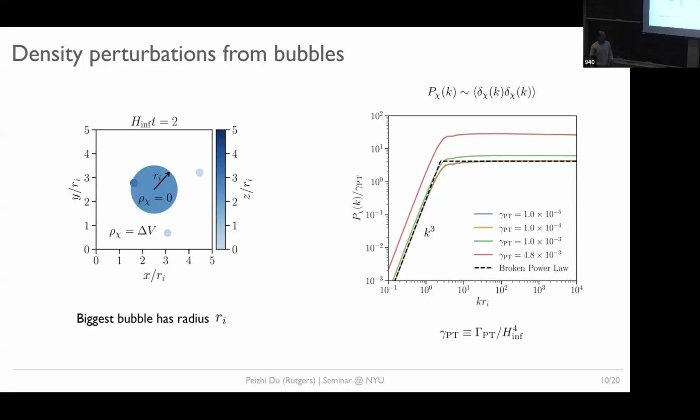Adiabatic is 10 to the minus 9, and this one is roughly the same order, if you consider a not too small delta_eff. The constraint is that the isocurvature power spectrum cannot be so large compared to the adiabatic one. So in this case, if your model predicts a much larger gamma_PT, it will be ruled out.